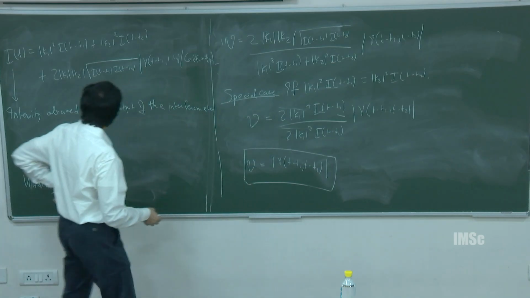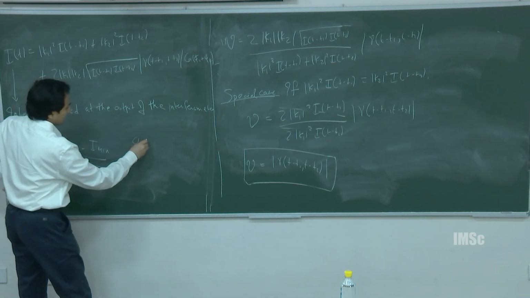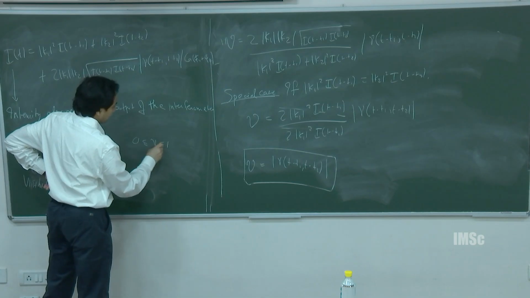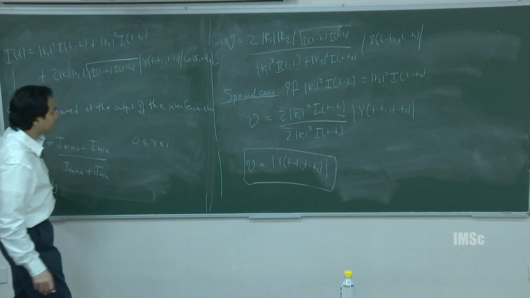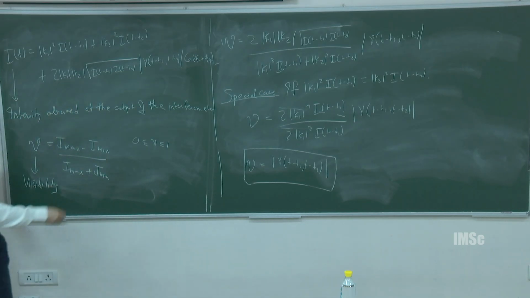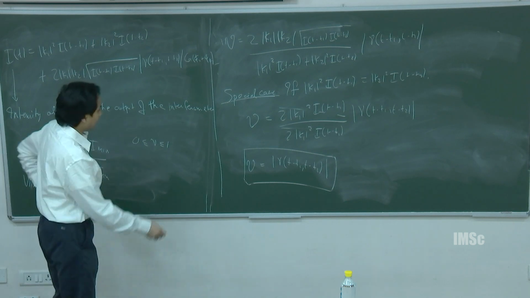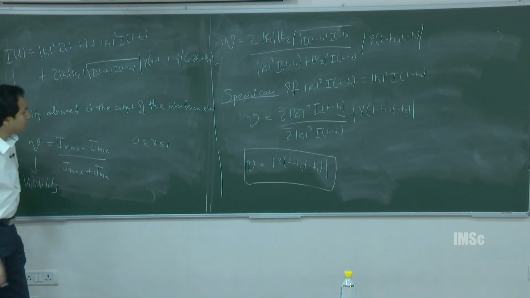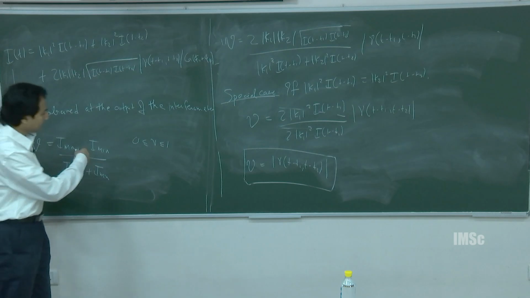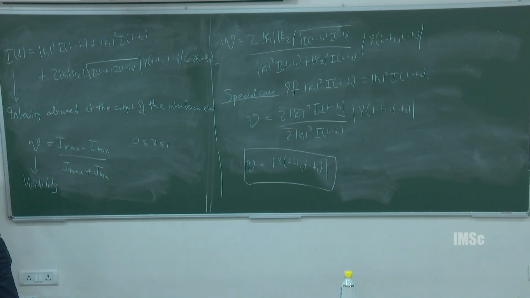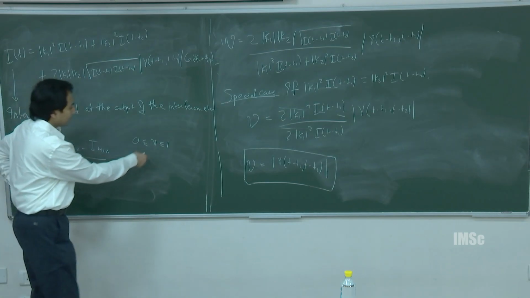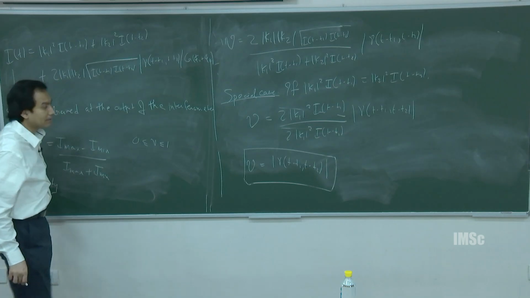So visibility always varies between 0 and 1. 1 corresponds to the best possible contrast in the interference pattern, and 0 corresponds to no interference at all. For any value of the visibility between 0 and 1, the contrast of the interference fringes will be reduced depending on how small or how large the visibility is.